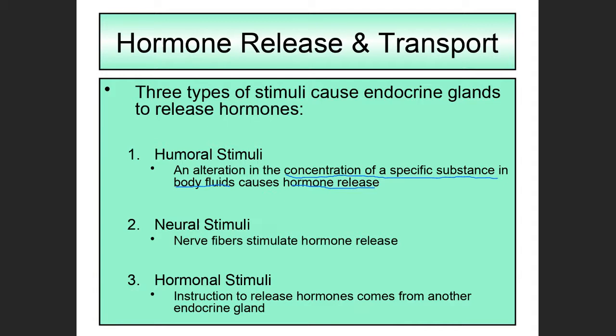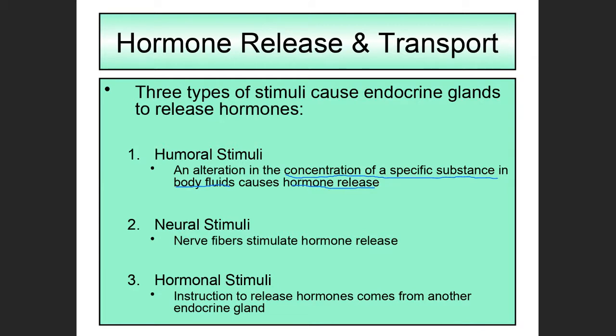The way that this happens is when some type of emergency occurs in your life, the brain is going to send signals through neurons down to the adrenal glands, telling the adrenal glands it's time to release adrenaline. So adrenaline through the adrenal glands is a good example of a hormone that's released through neural stimuli.